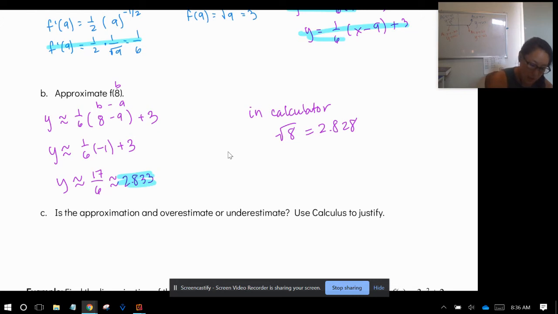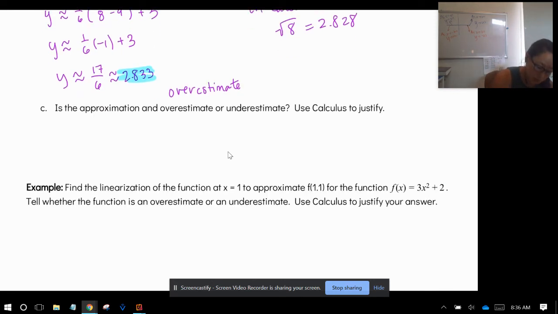So looking at our calculator value and our tangent line estimate, is this an overestimate or an underestimate? So I can see that 2.833 is larger than 2.828. So I know this is going to be an overestimate, but let's use our calculus to figure this out.